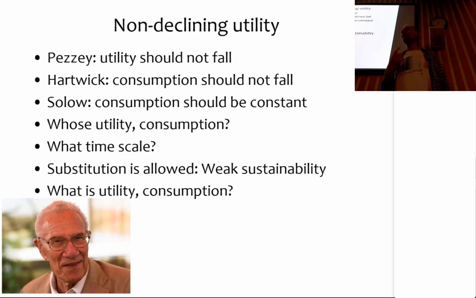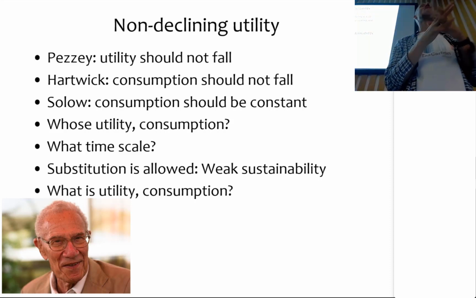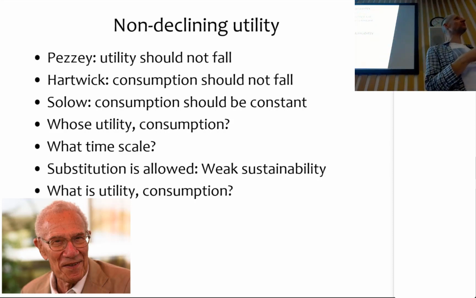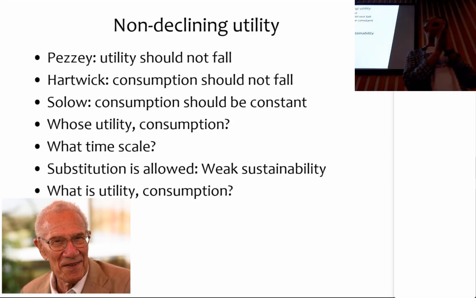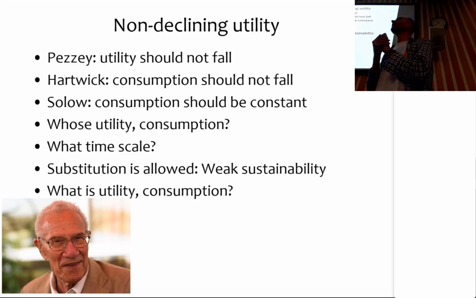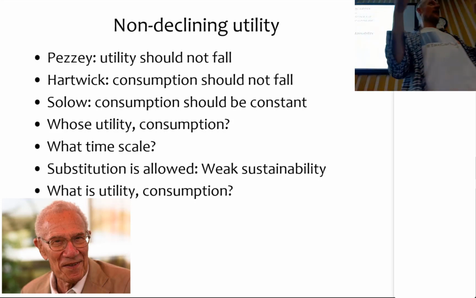Now, these things were suggested, as I said, to make this Brundtland definition more concrete. And to an extent that has happened, but it's still not very concrete, right? Because if we're talking about utility or consumption, we haven't defined whose utility and whose consumption. Does this grow for everybody on the planet?